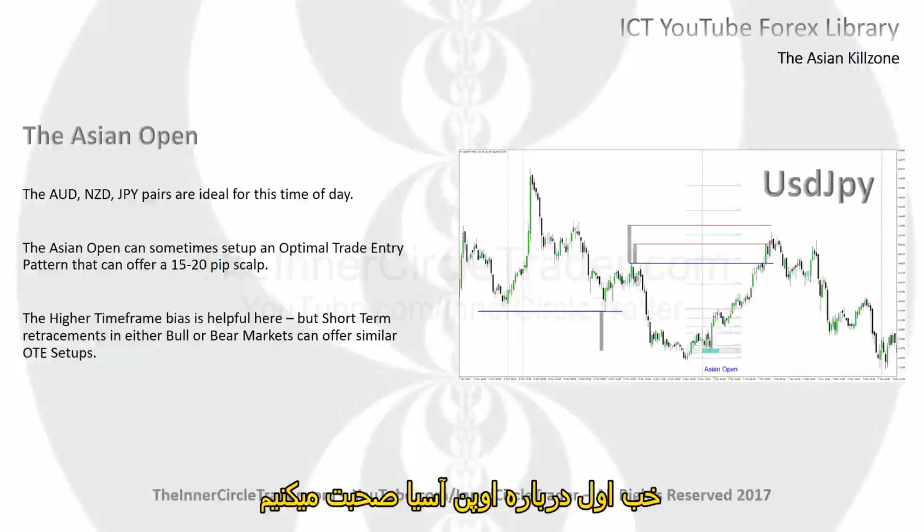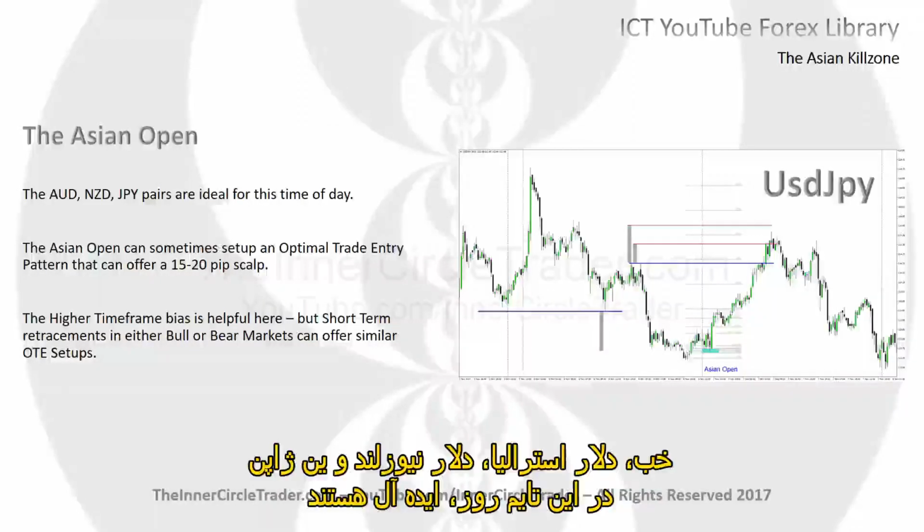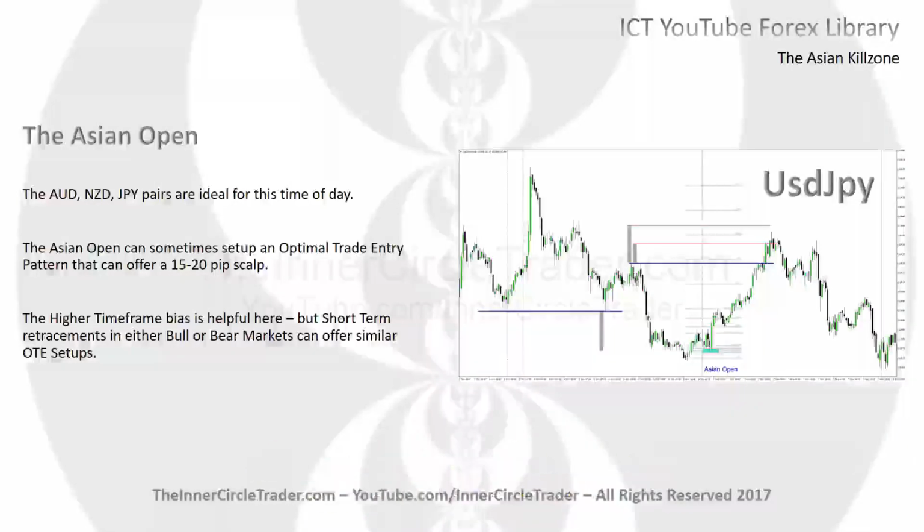Okay, first we're going to get into the Asian Open. Now, this time of day, you're going to find that the Australian dollar, the New Zealand dollar, and Japanese yen pairs are ideal for this time of day.